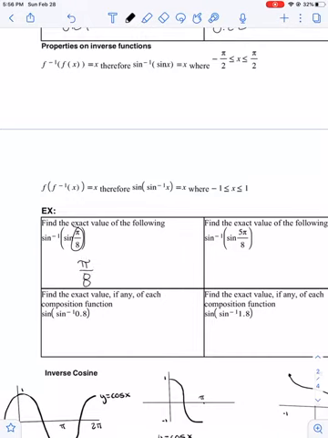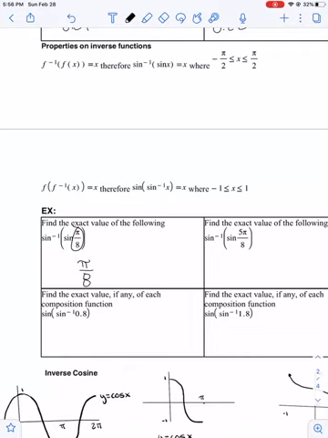Okay. Next we have sine inverse of sine 5pi/8. And we're going to ask ourselves, is that between the -pi/2 and pi/2? We're going to say no. But angles on our unit circle have reference angles.